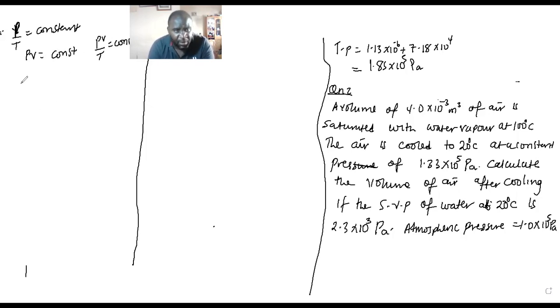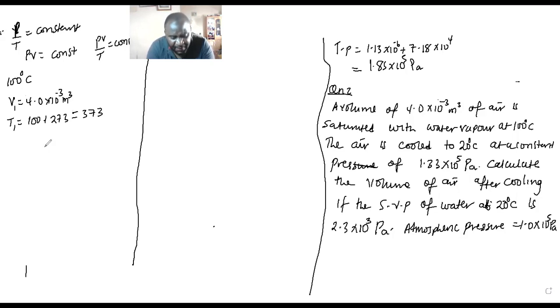Now, firstly, we have temperature at 100 degrees Celsius. What is happening at 100 degrees Celsius? The volume of air with saturated water vapor at 100 degrees Celsius is V1, which is 4.0 times 10 power negative 3 meters cubed. At that temperature T1, the temperature is supposed to be in Kelvin, which is 100 plus 273, and this will confirm 373.